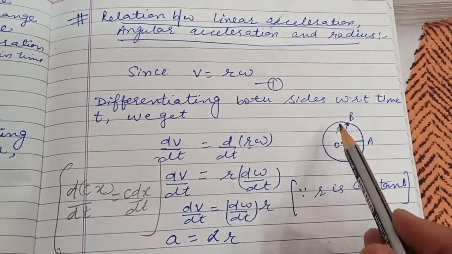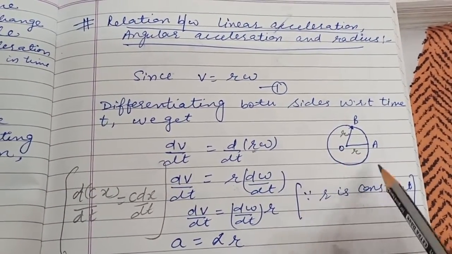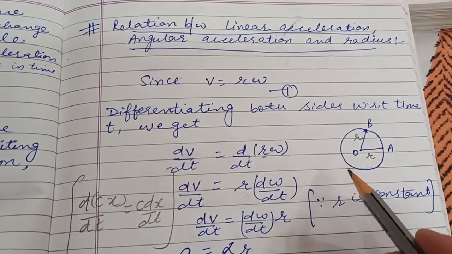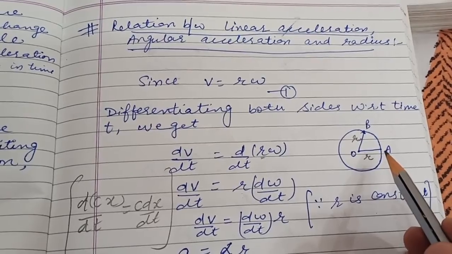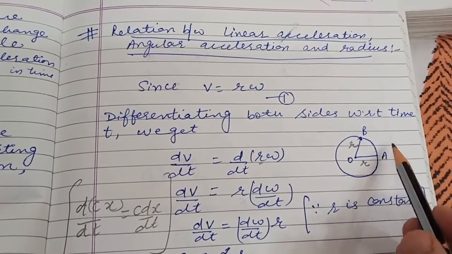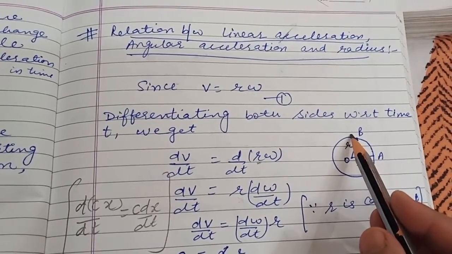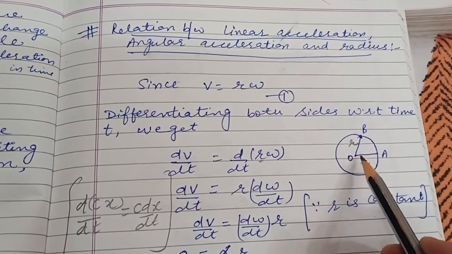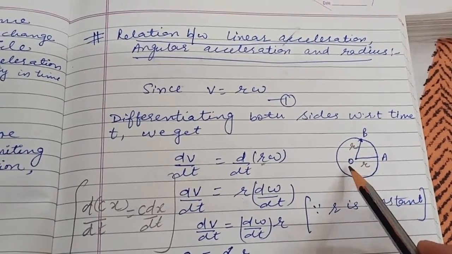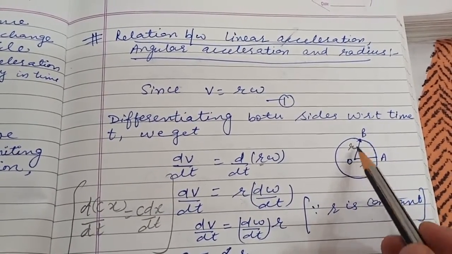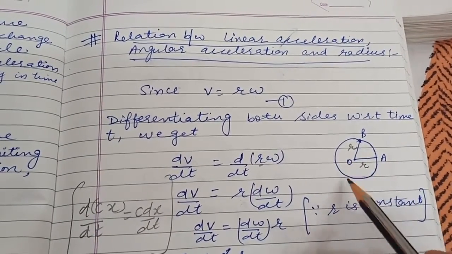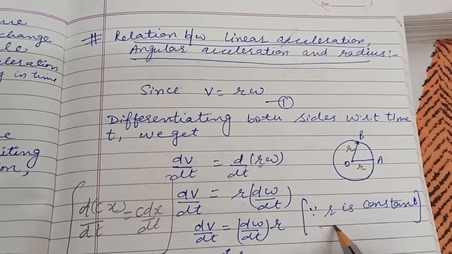We know if an object is moving in a circular path, let us suppose at any instant the object is at point A and at another instant the object reaches point B. So here OA represents the radius of this circular motion and OB also represents the radius. So it is clear that the radius of the circular path remains the same, so that is constant.